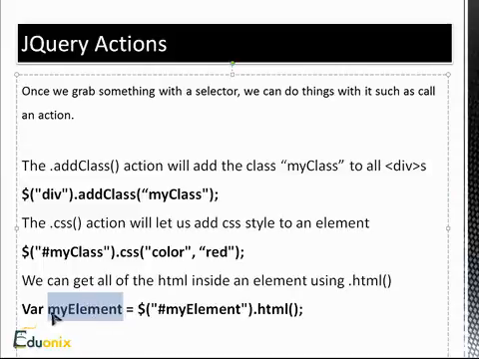So we're creating a variable which is equal to the element with the ID of myElement, and the .html is going to actually give us everything that's in that element. Whether it's a paragraph or images, a whole page, whatever it is, this is going to put all the HTML into this one variable, and then we can use that to do certain things.